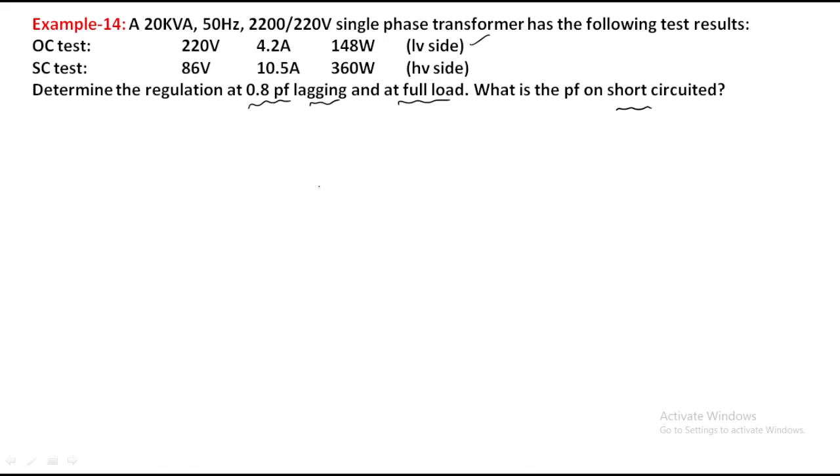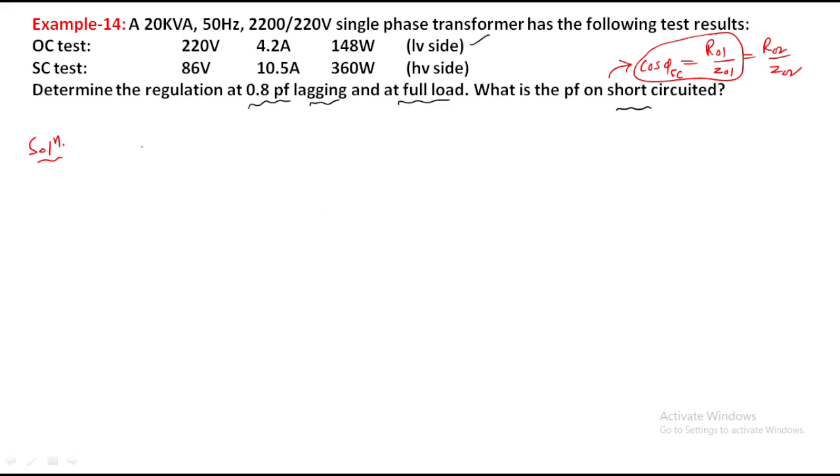Cos phi should be equal to R by Z. Therefore, referred to primary, I have to calculate. So cos phi SC should be equal to R01 by Z01. So we have to calculate R01, later Z01.